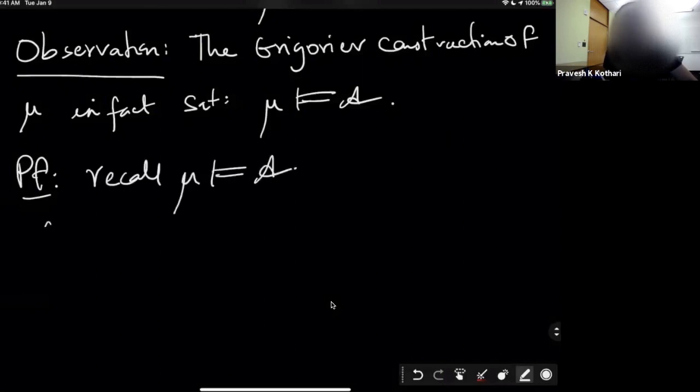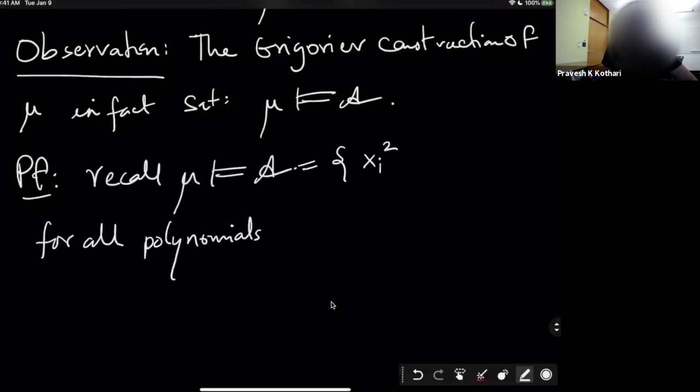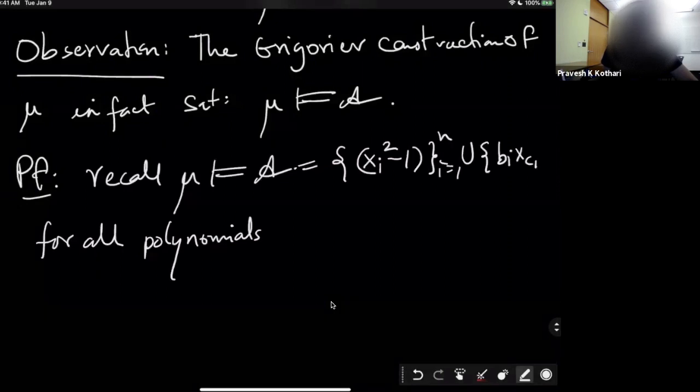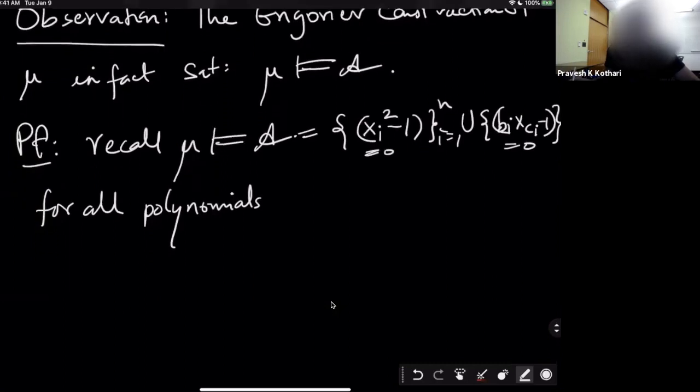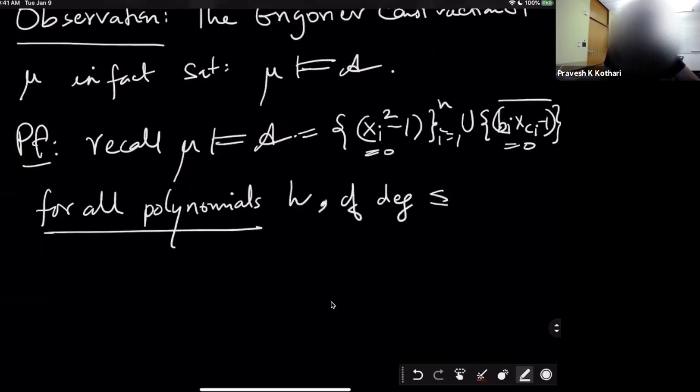It means that for all polynomials, so remember A for us is just equality constraints, which make life notationally easier. So they're all equality constraints for us, right? What does it mean that mu satisfies A? It means that for all polynomials H, the degree of the polynomials should be, so we are looking at 3XOR constraints, so each of our constraint polynomials is degree at most 3.